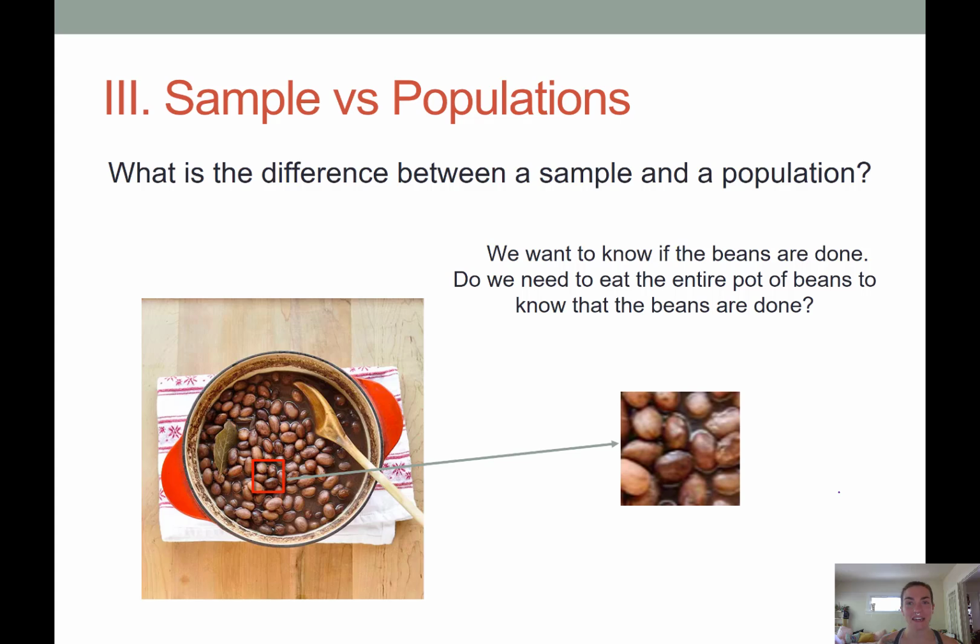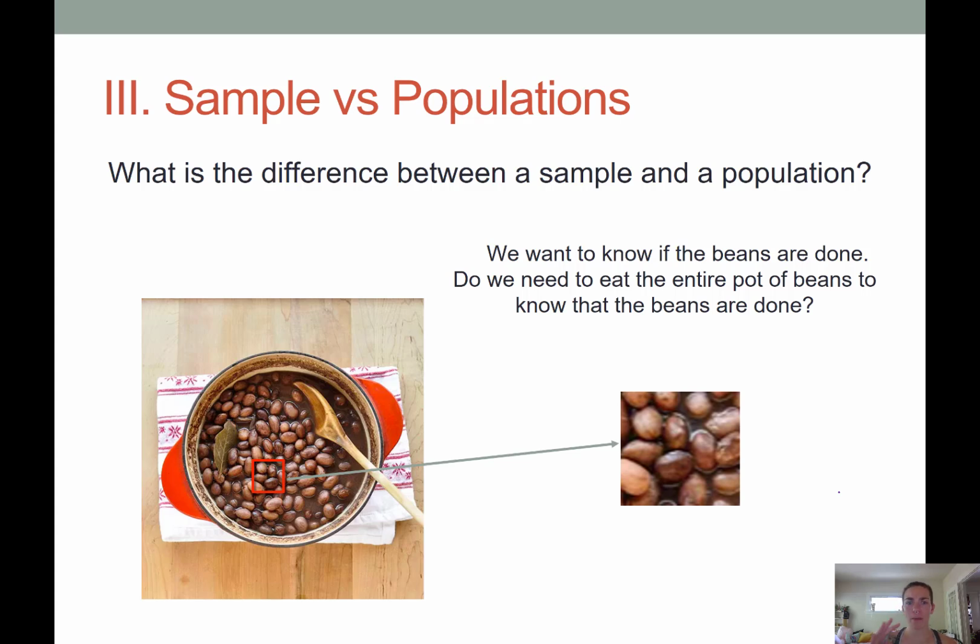What you do instead, probably, if you're like me, if you're like most of us, you take a spoonful of beans out of the pot and you taste just that spoonful. And if those beans are done, then you might assume that the entire pot is done. Or maybe you want to stir it up a little bit, make sure that you get a good sampling of beans in the pot.